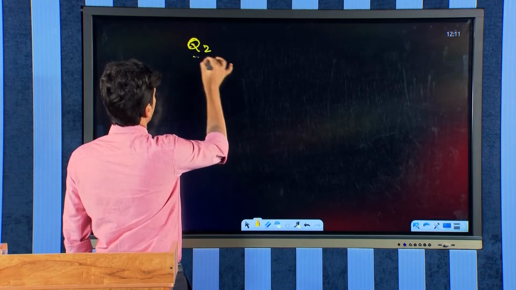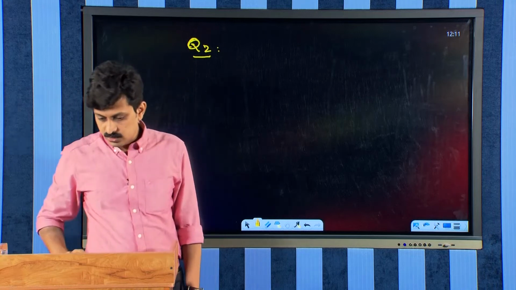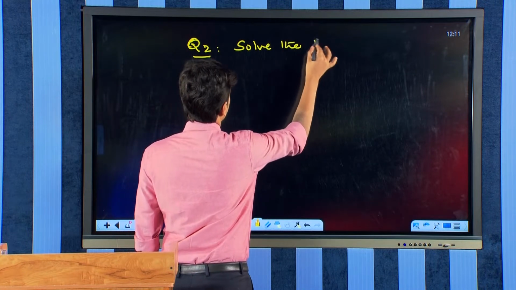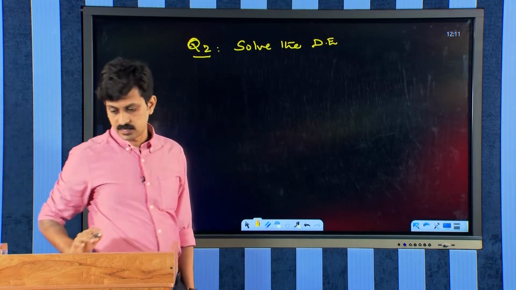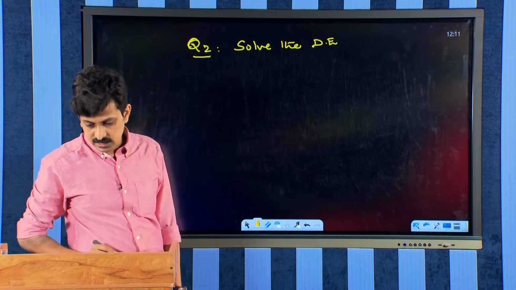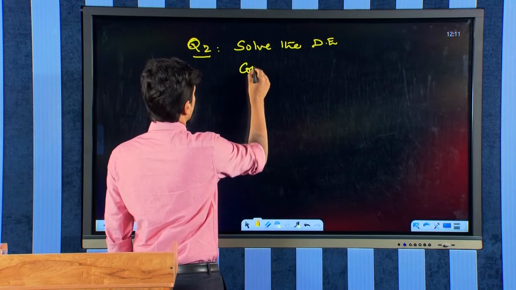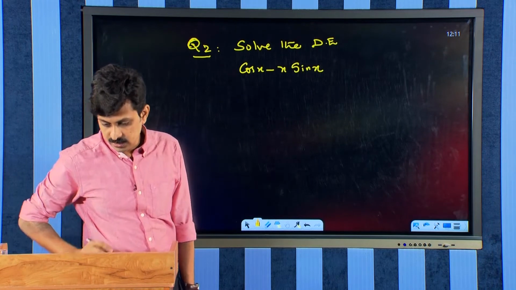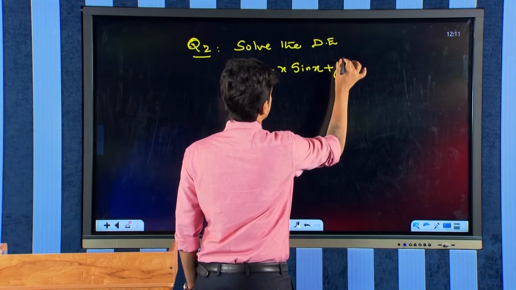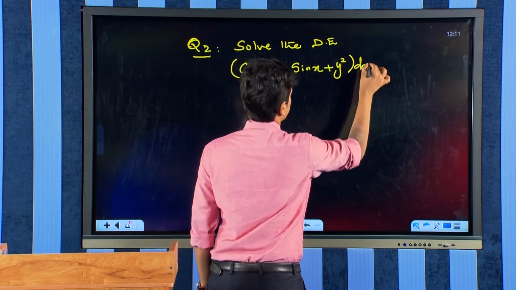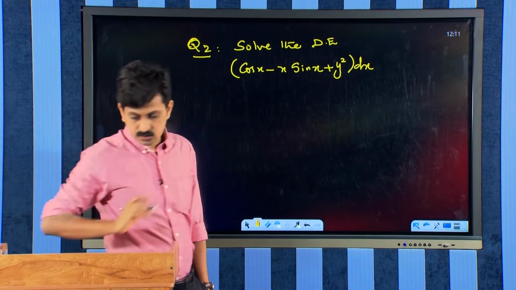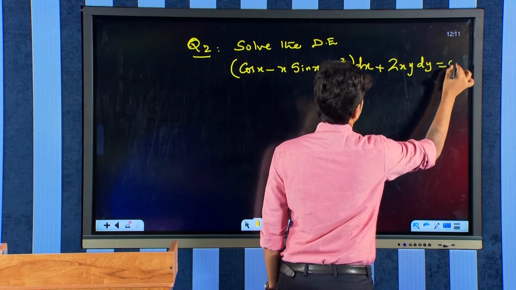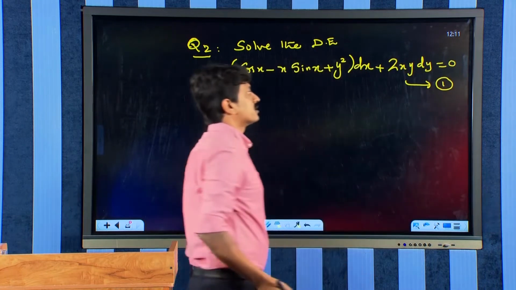In this question, number 2, solve the differential equation (cos x minus x sin x plus y square) dx plus 2xy dy is equal to 0. This is equation number 1.